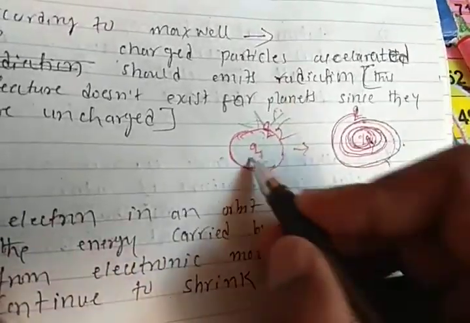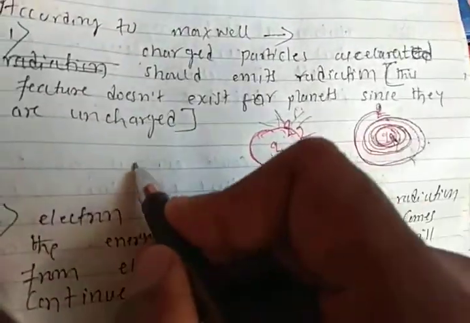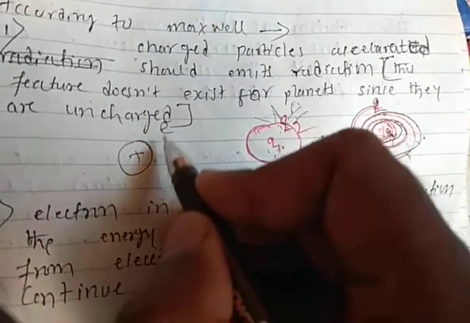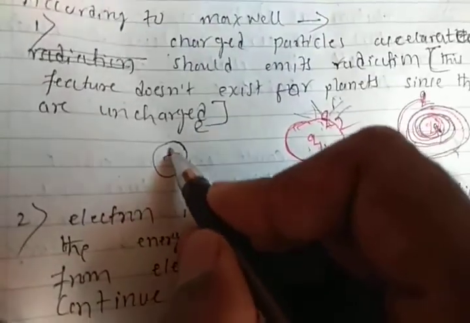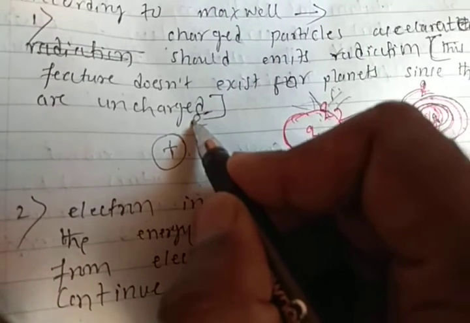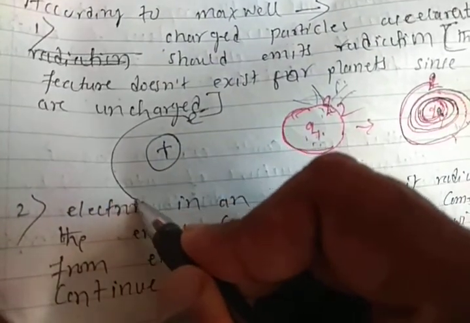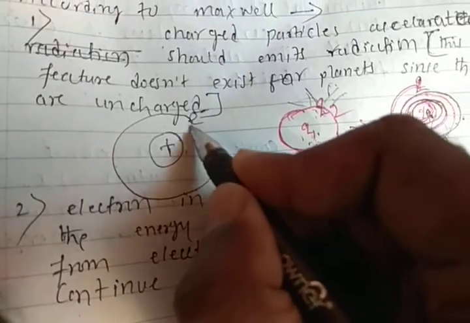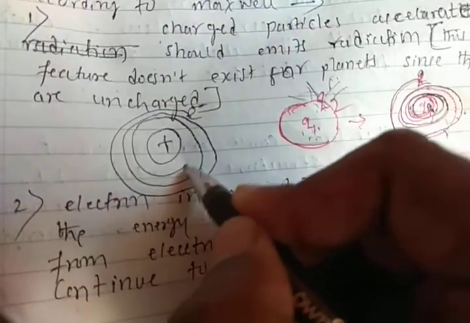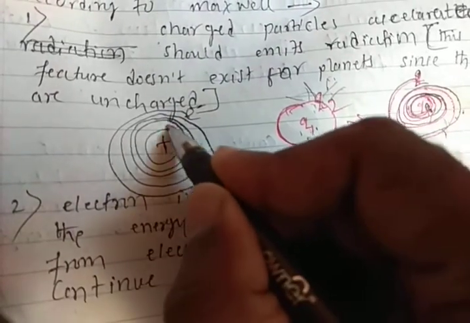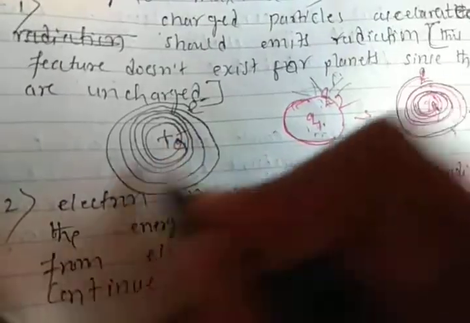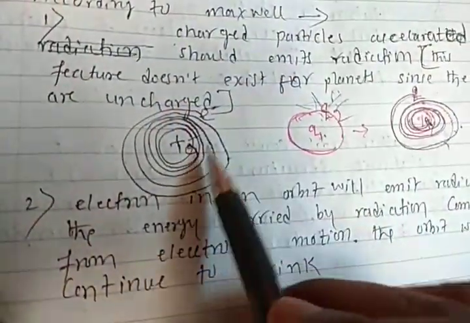If the proton is a charged body, around which the electron, also a charged body, is rotating, proton plus charge, electron minus charge, then while rotating around the nucleus the electron loses energy, comes closer, makes contact with the nucleus, and becomes finished, having lost its energy.